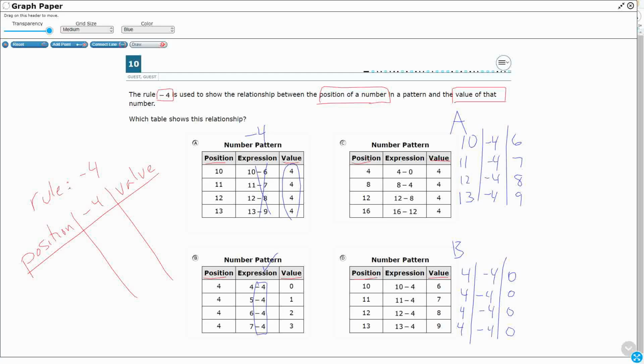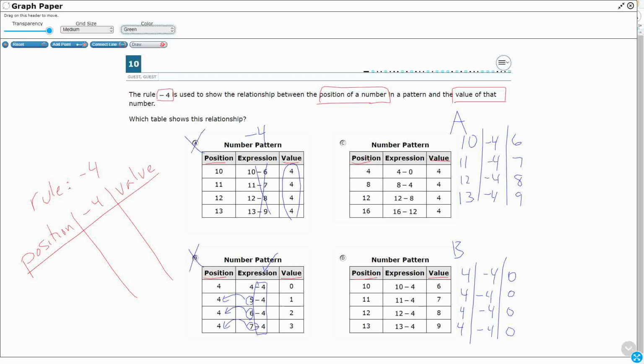But they're not subtracting it from the position. See this 5, this 6, this 7? If those were right there, then this would be fine. That would be fine if the position changed from 4 to 5 to 6 to 7. It doesn't. The position stays at 4 all the way down. So I know where the 4 is coming from, but the 5, 6, and 7, I don't know where that's coming from. So that doesn't work either.